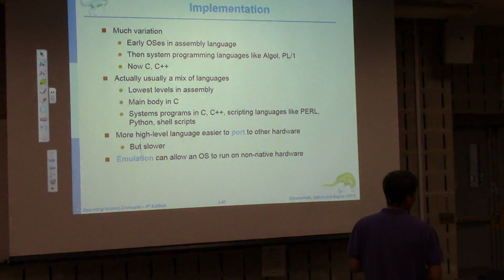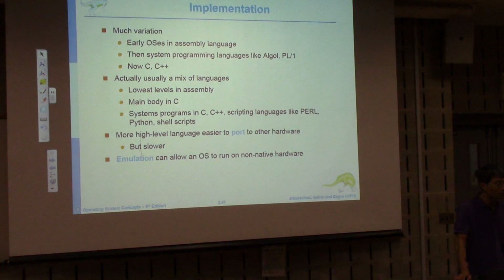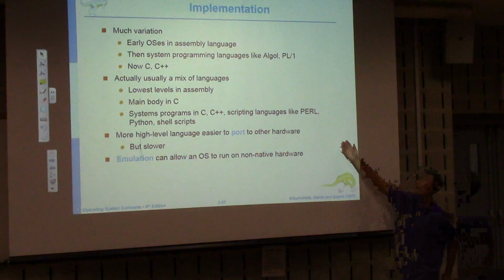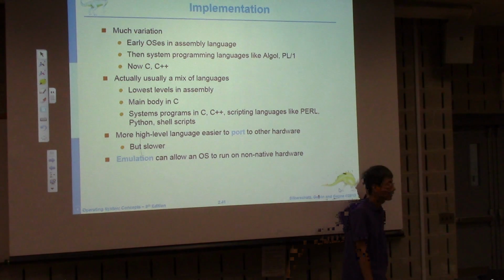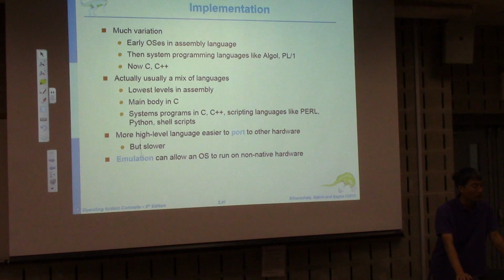Anyway, C language is used for embedded operating systems and embedded programs. C and C++ are very popular nowadays. Some scripting languages like Python and Perl are used for system programming.